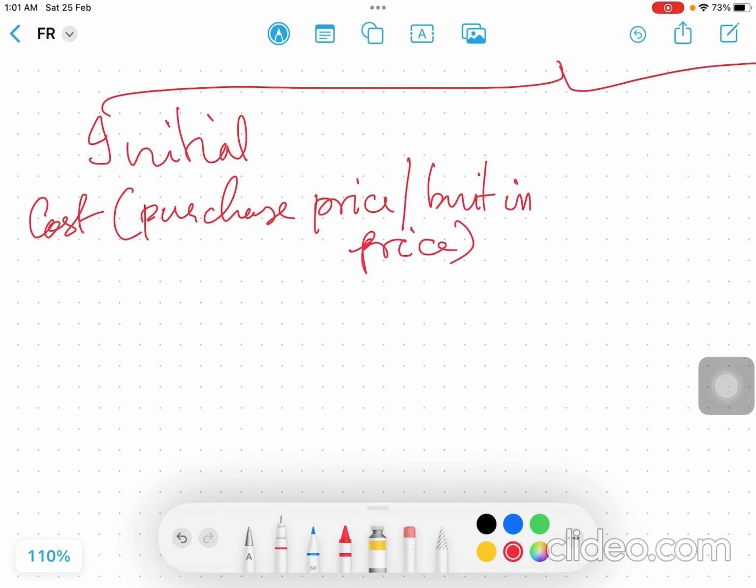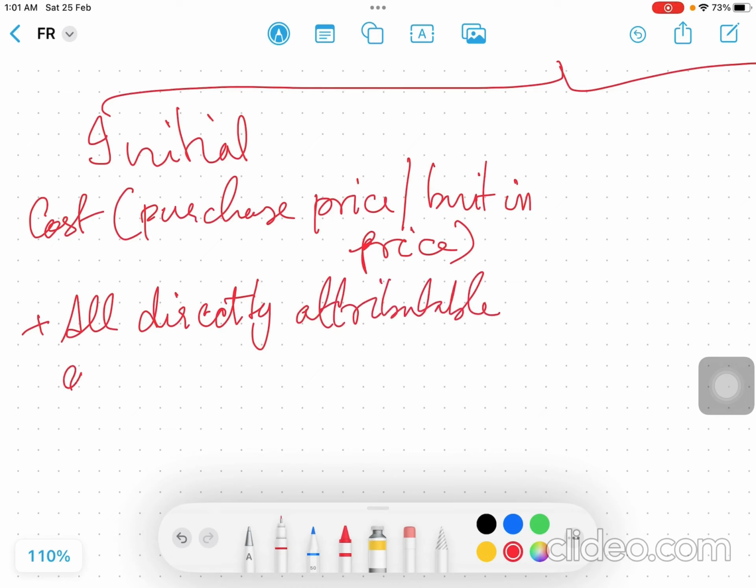The second cost is every other cost that is directly attributable to the asset so that it arrives in its working conditions. All the attributable amounts to make the asset working.